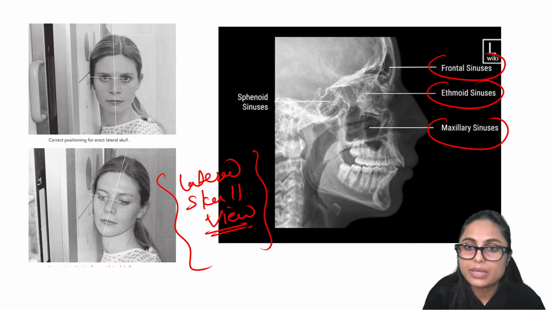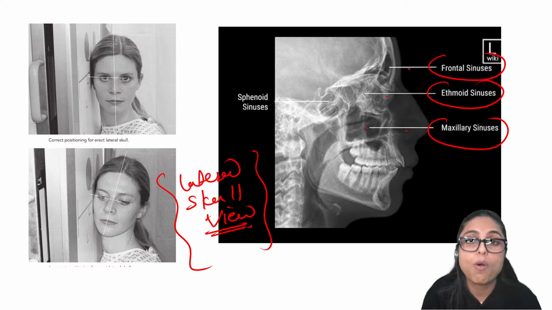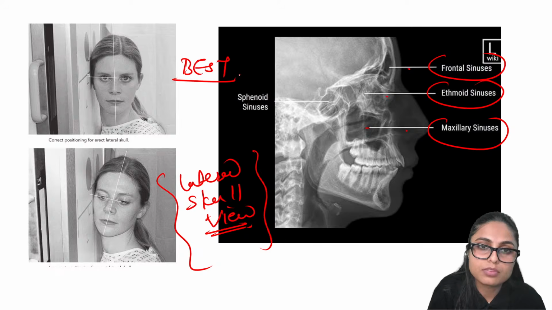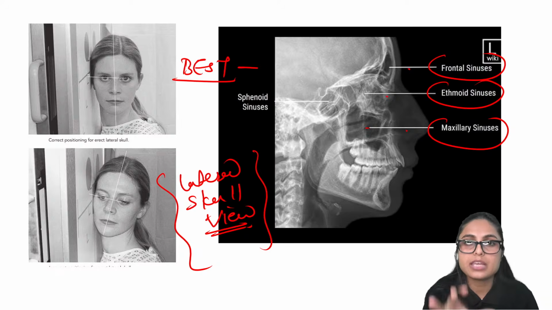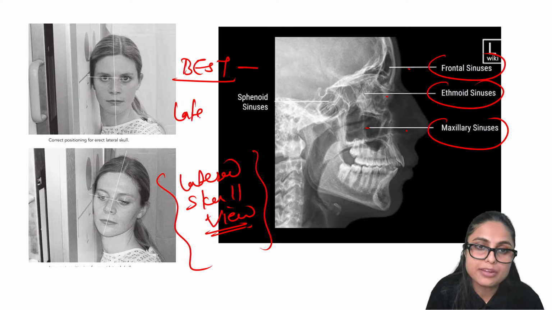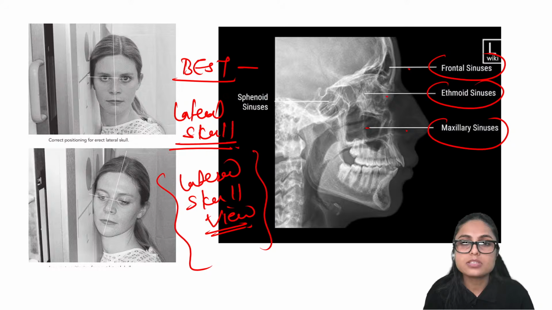You can see the frontal sinus, the ethmoidal sinus, the maxillary sinus, and the sphenoidal sinus also. So the best view that shows us every sinus will be your lateral skull view.